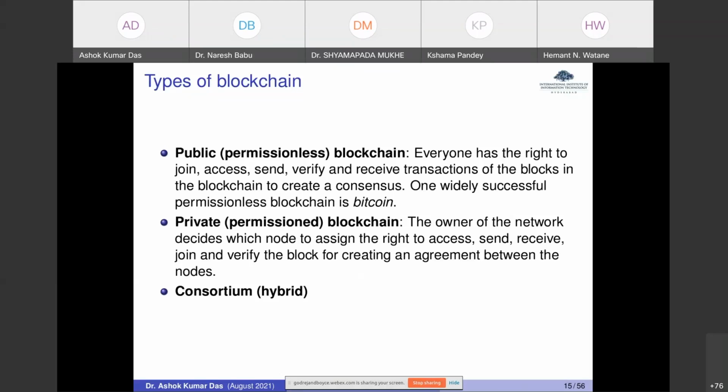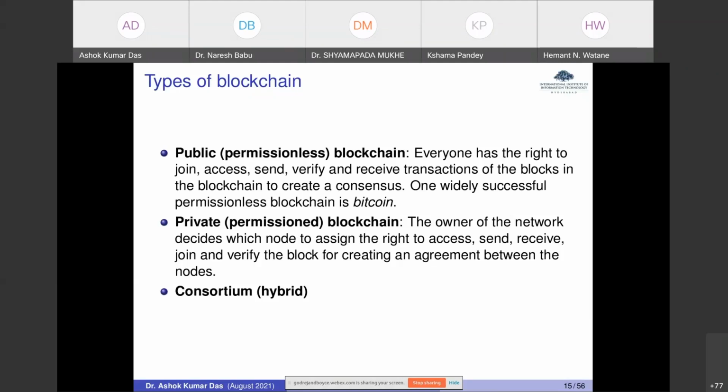Then the next category is known as the private or permissioned blockchain, in which the owner of the network will decide which types of nodes are to be assigned the rights to access, transmit, receive, join or verify the block in order to create a consensus between the nodes.